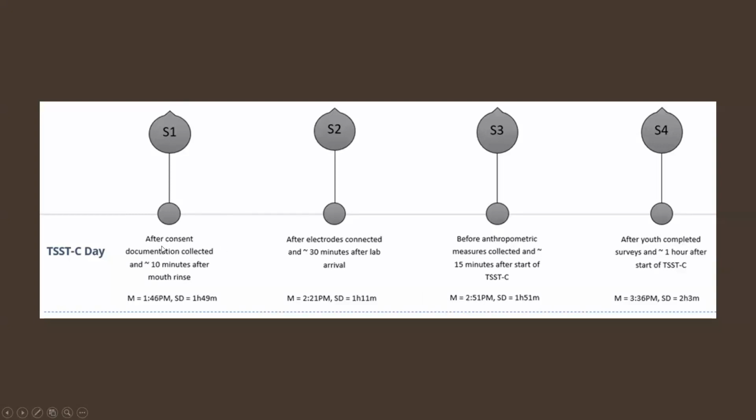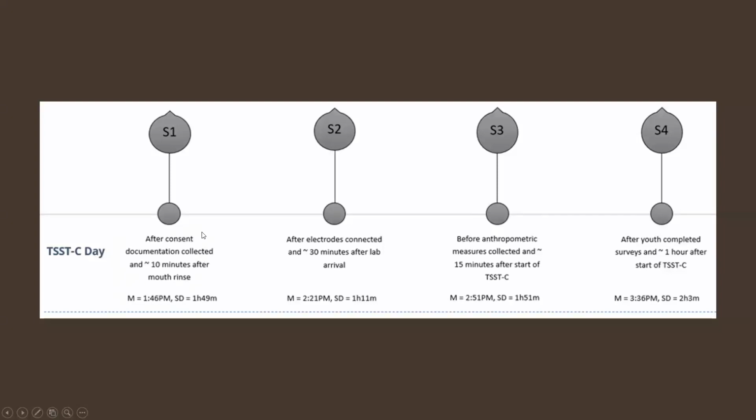So that's basically to say that on a normal day, we didn't see reactivity. On this day, we saw reactivity. So this is a TSST, the Trier Social Stress Test in children, and the way that they mapped out whenever they took their hormone samples. And so typically what you want to do is do it immediately after consent.